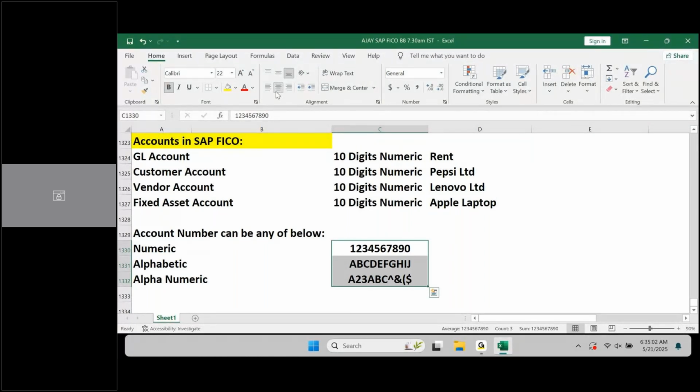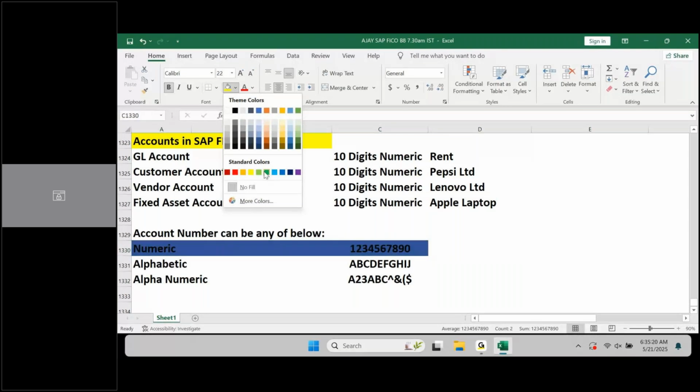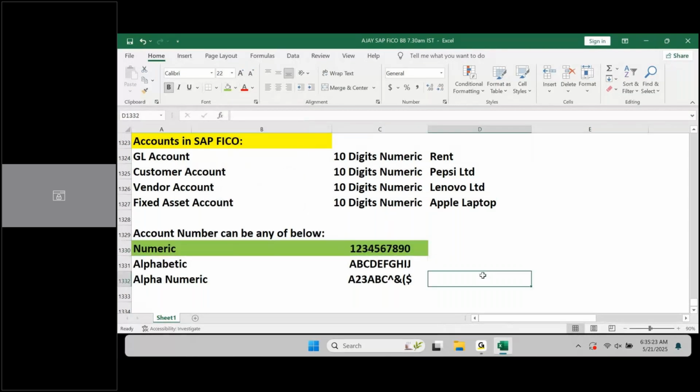Right? Now, in general, wherever you work, whatever the account number that you define, it is always recommended you go with numeric number. Which number? Numeric number is recommended, and you have to strictly follow the same numeric number.